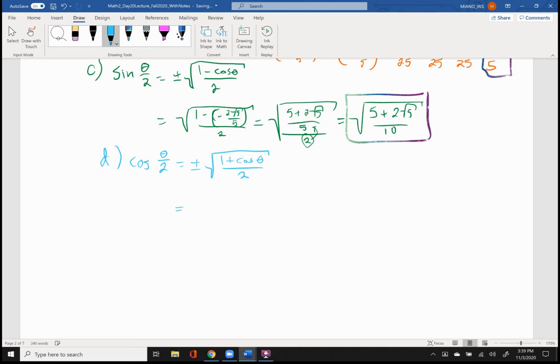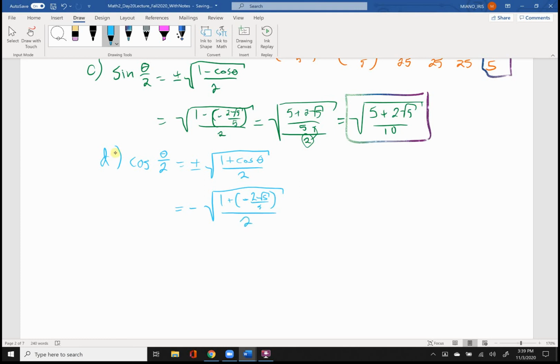So that'll be negative, since theta over 2 is between pi over 2 and 3 pi over 4, the cosine is negative, so we'll be taking the negative square root of 1 plus a negative 2 root 5 over 5, and then I'll have that all over 2.